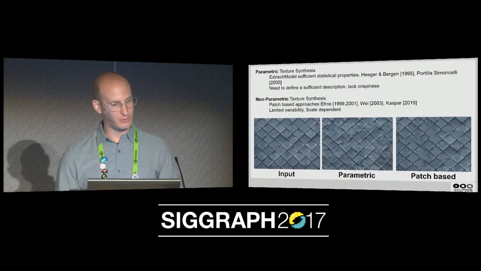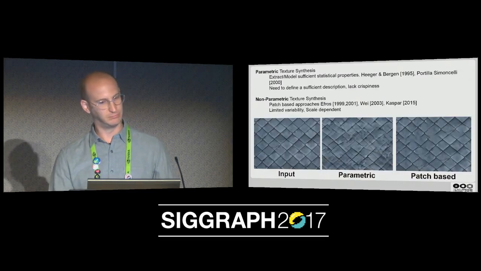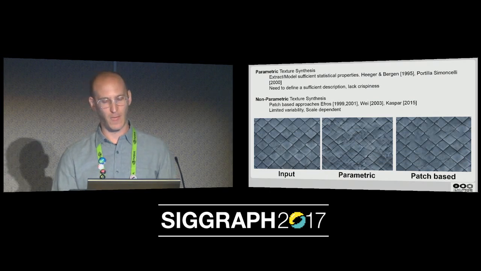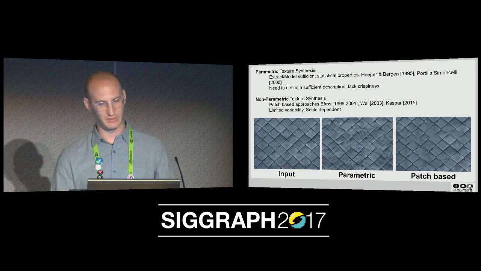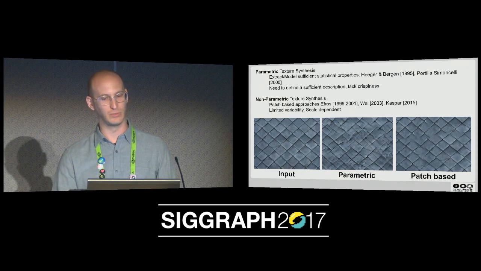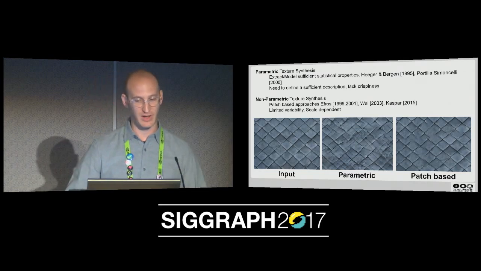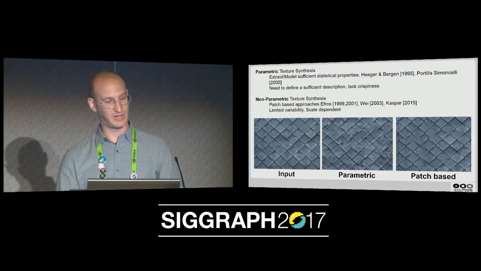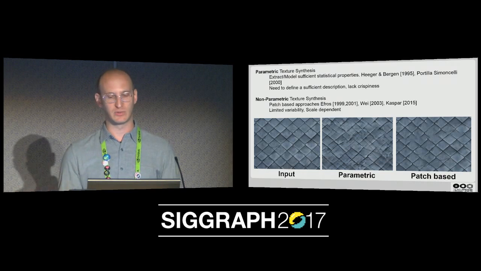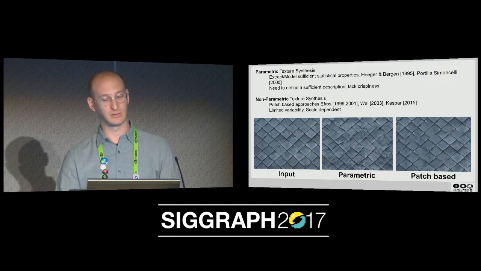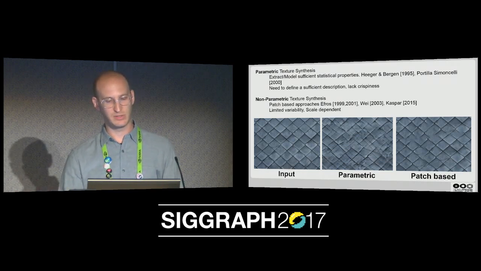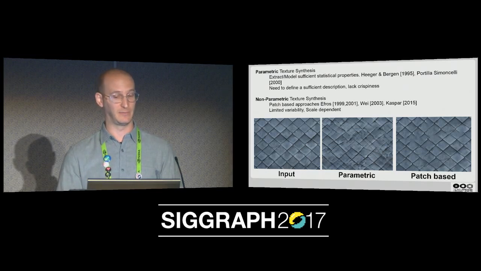So there's a lot of work on texture synthesis. I'm definitely not going to go into all of them, but I can briefly divide them into parametric versus non-parametric methods. Parametric methods usually require defining a sufficient statistic of a texture in order to attempt to impose on our newly synthesized result, while non-parametric methods usually operate on the pixels directly.